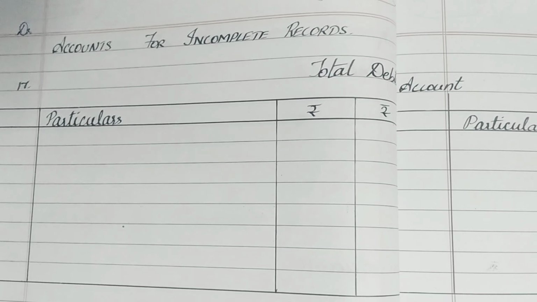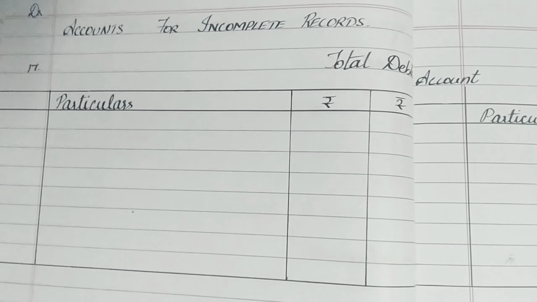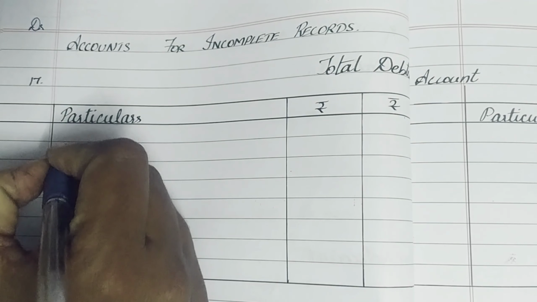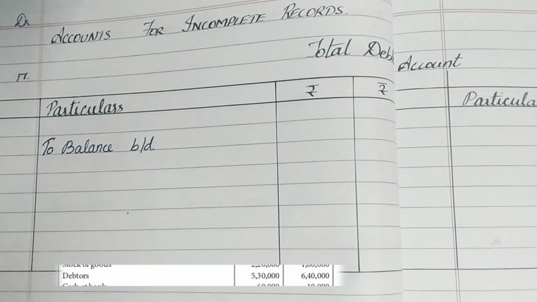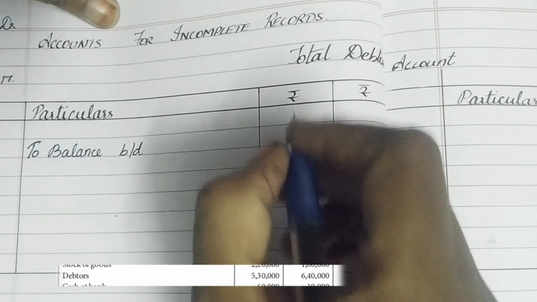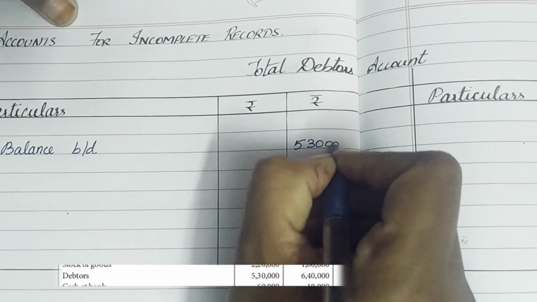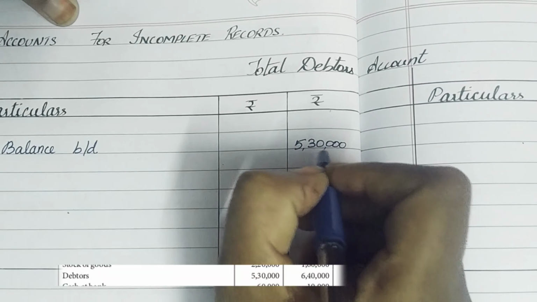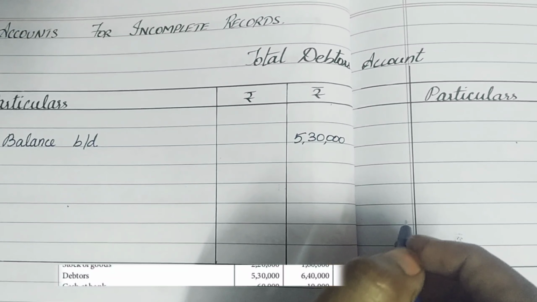Since it's a debtors account, the brought down balance comes on the debit side. The brought down balance is nothing but the opening balance of the debtors, which is 5,30,000, taken from the details given in the problem: debtors as on 31/3/2018, which is 5,30,000.